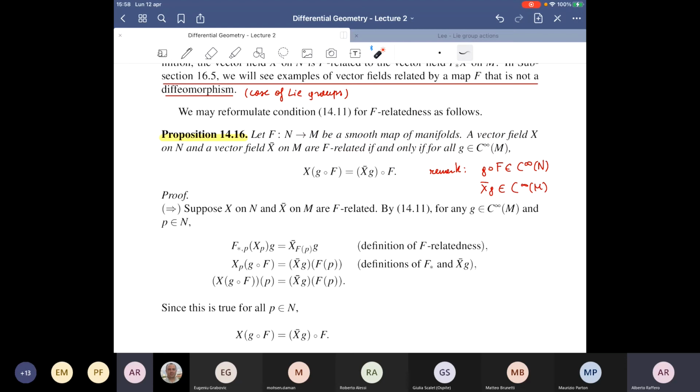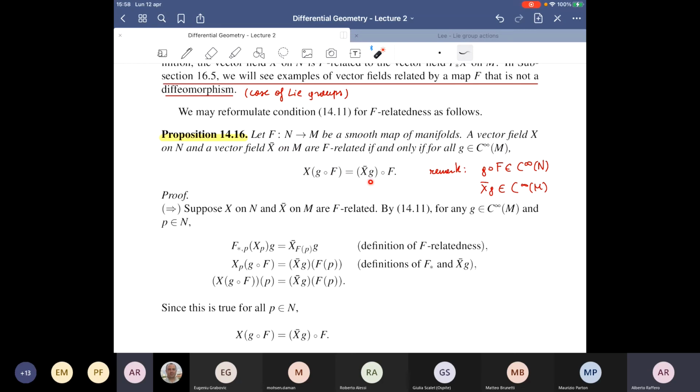So let's make some comments on this. Here we have the composition of this function G with F. So this will be a smooth function defined on M with values in R, and so it makes sense to consider X applied to this function.